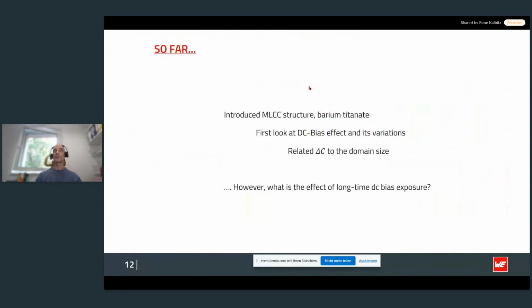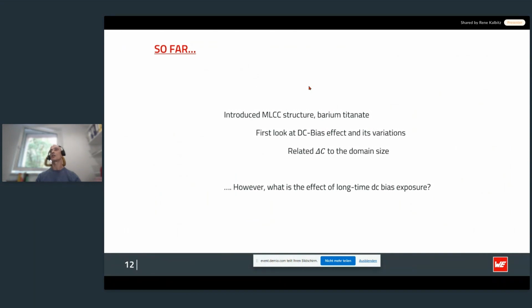Up to this point, we have introduced the structure of MLCCs and barium titanate, and learned that capacitance is a function of voltage in those devices and that it relates to the domain size. However, capacitors in applications usually run for longer periods of time, like hours or days.